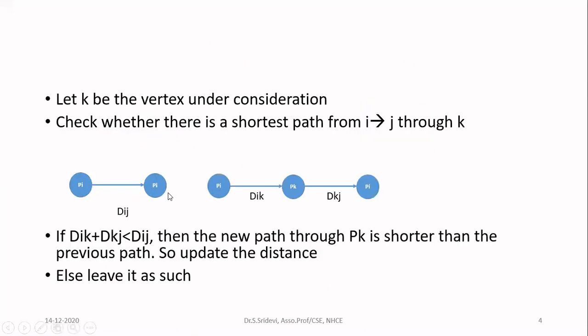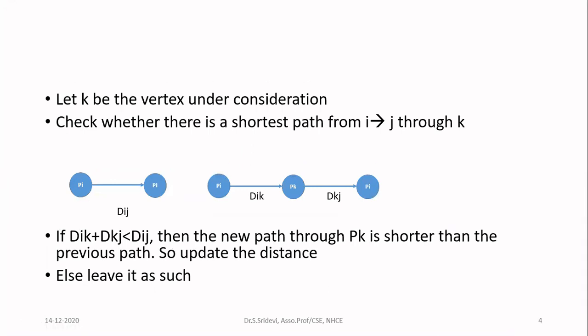Now, let us consider how to obtain a matrix from the previous matrix. Let me assume that I am considering a vertex K in a particular iteration. In the previous slide, I said that you will be considering a total of n vertices, V1 up to Vn.